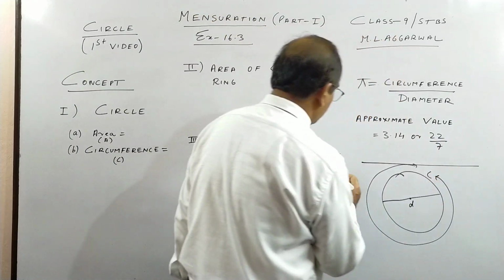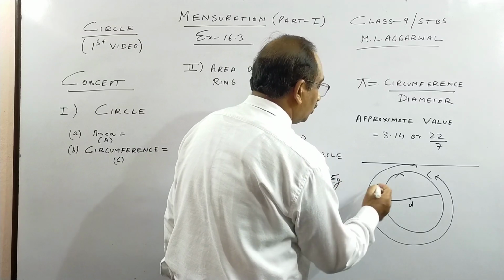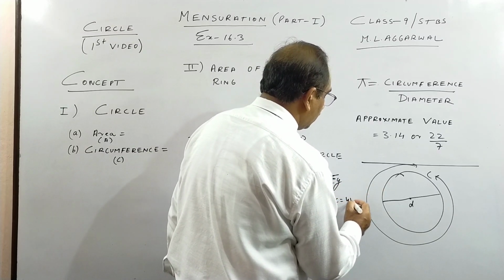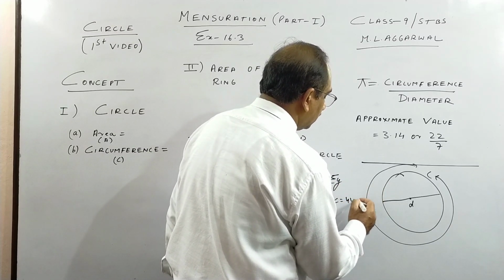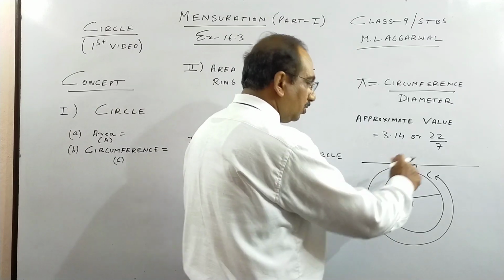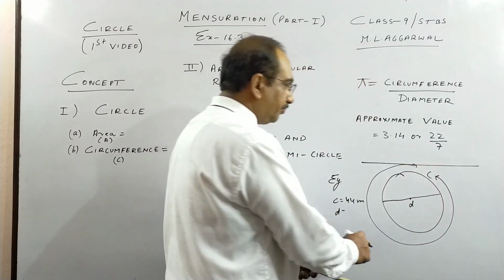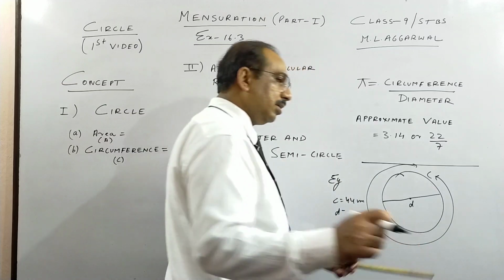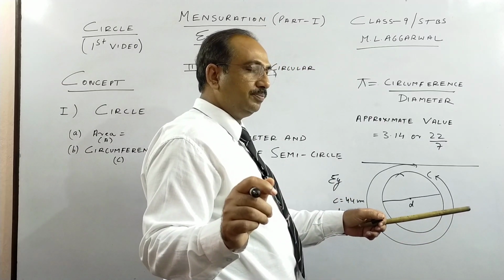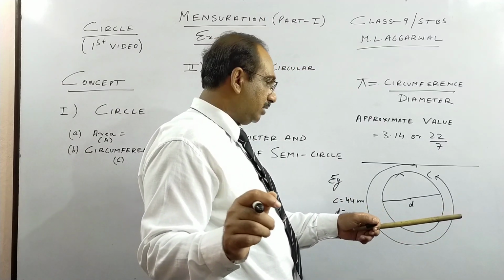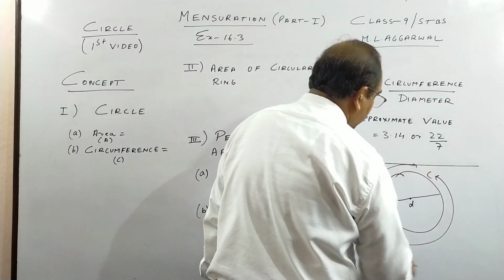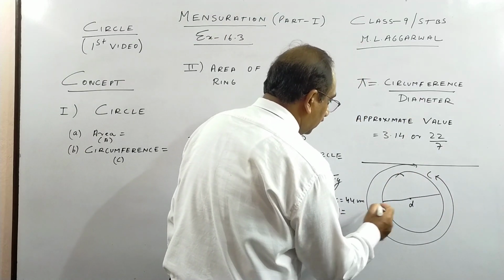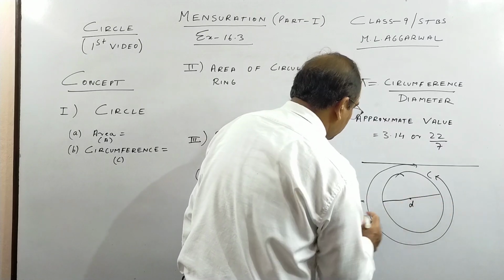One example I'll give you over here. Suppose circumference is 44 centimeter, and diameter, so you take a thread and make a circle. Take a thread of length 44 centimeter, make it around and make it a circle. Then you take another thread and measure what is the diameter.